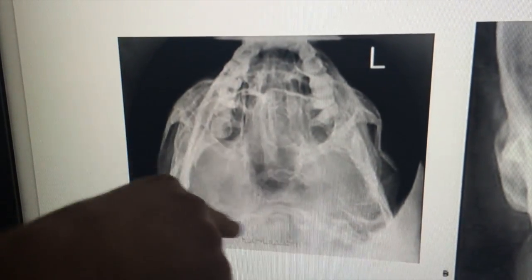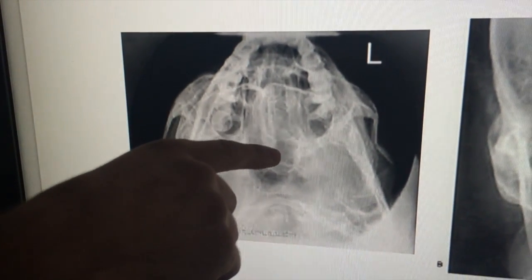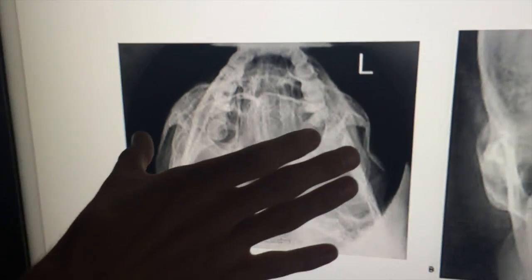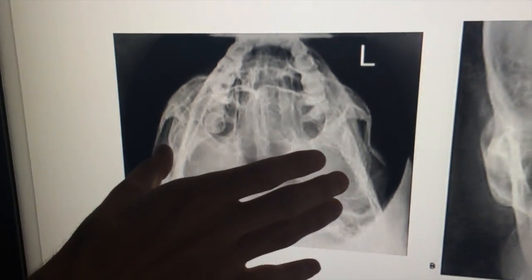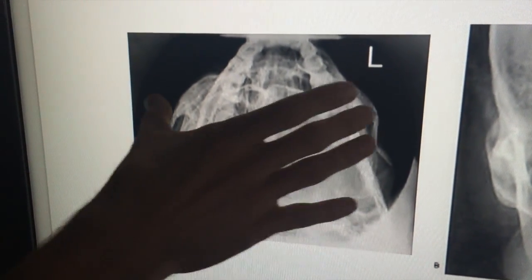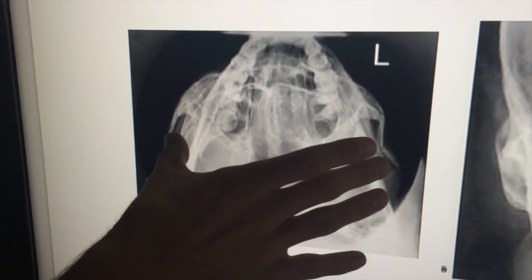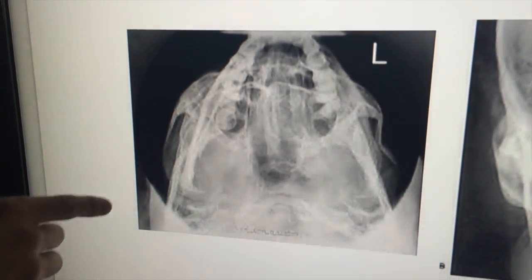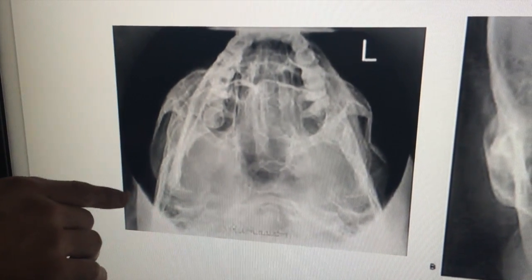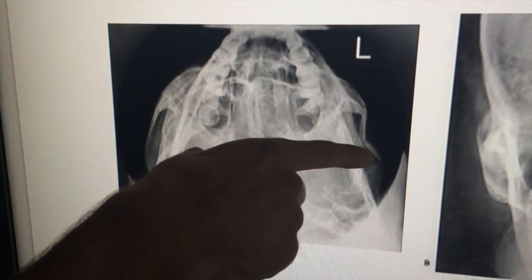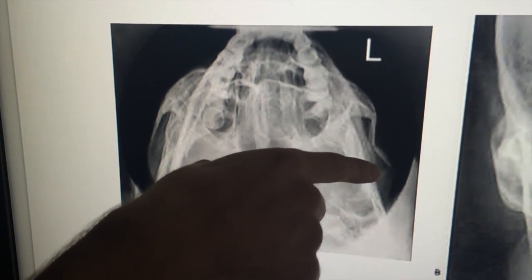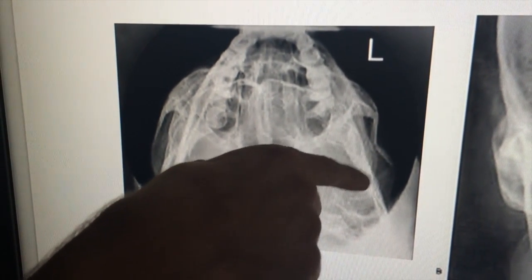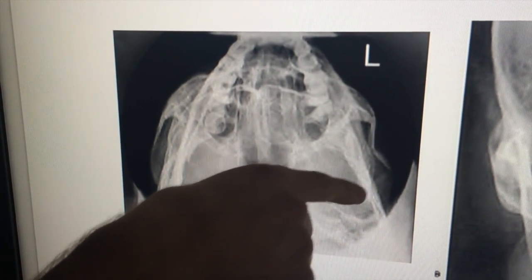We used a cone, and we could tell that there's no rotation. They are symmetric without foreshortening, and the zygomatic arches are free of superimposition of the rest of the skull. And as you can tell on the left zygomatic arch, they have a fracture, so we did good in getting that information for the radiologist.